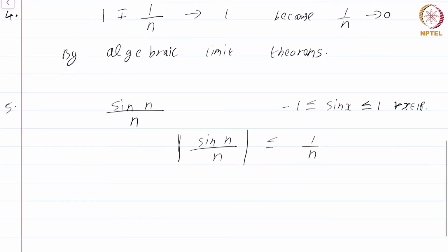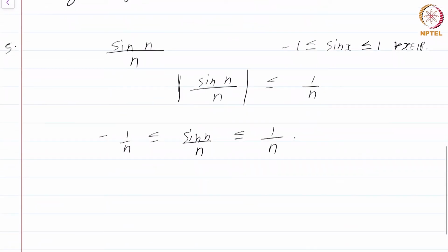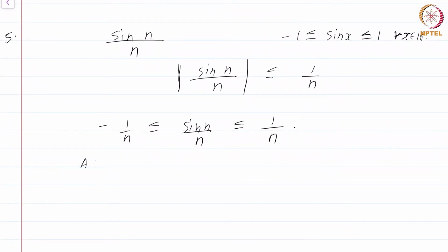Well, in fact, what is this saying? This is just saying minus 1 by n is less than or equal to sin n by n is less than or equal to 1 by n. Now apply the squeeze theorem.